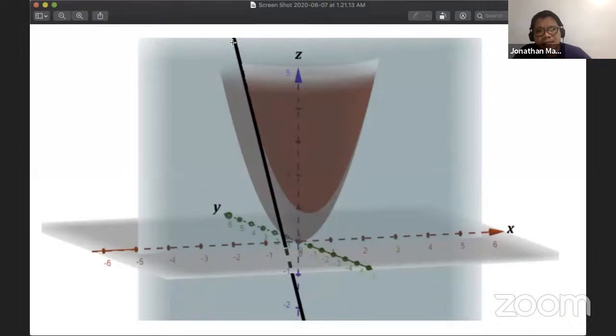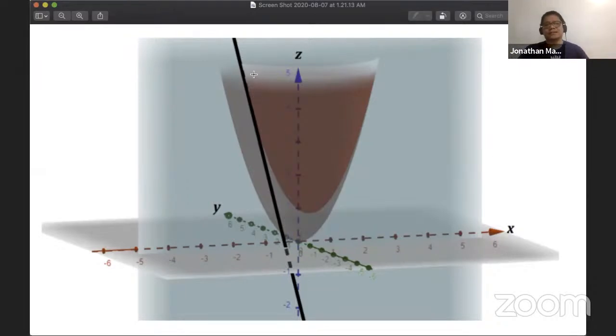Okay? And itong black line na to, straight line na to, this is the tangent line. Okay? So that black line, that is the tangent line. Okay? Intersecting the parabola. This parabola is the intersection of the paraboloid and the plane y equals negative 1.